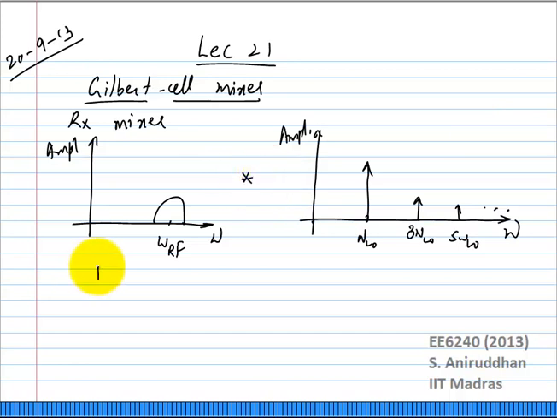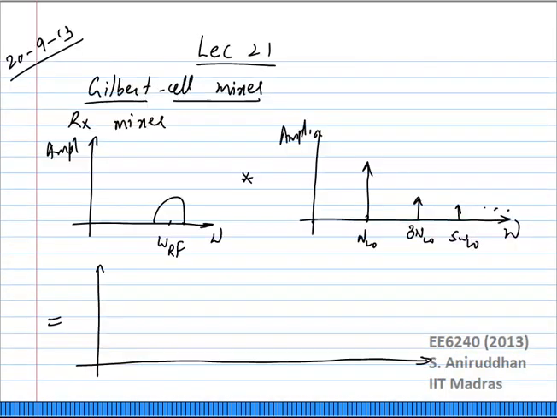And what you get at baseband or at the IF, okay, so what you get at IF is you will get your basic down converted signal at omega IF, and apart from that, what else did we get in a single balance mixer?